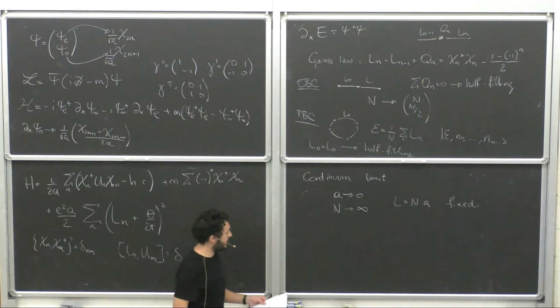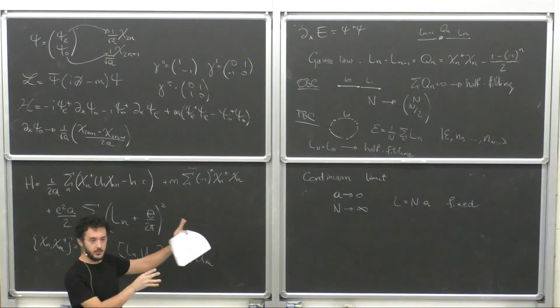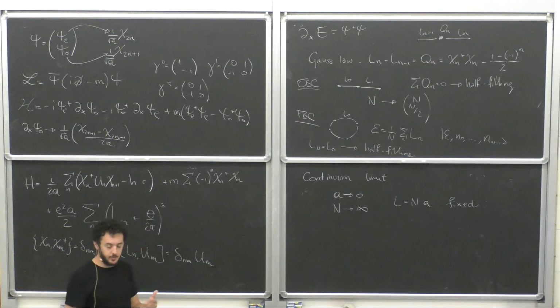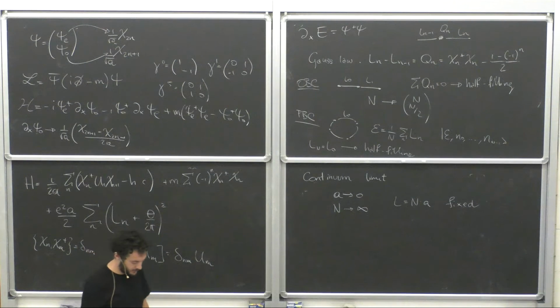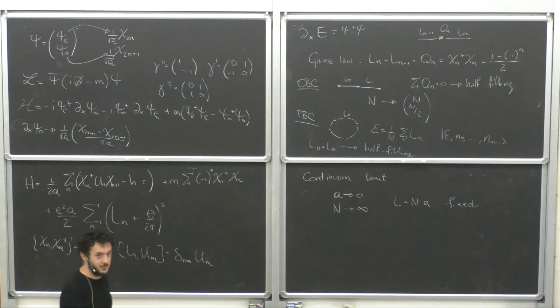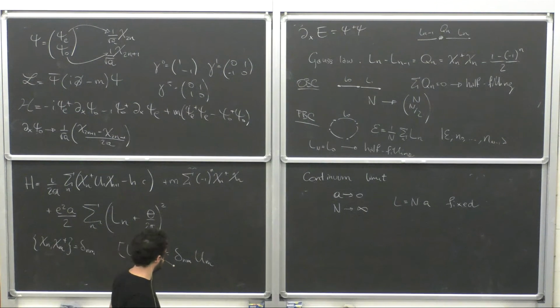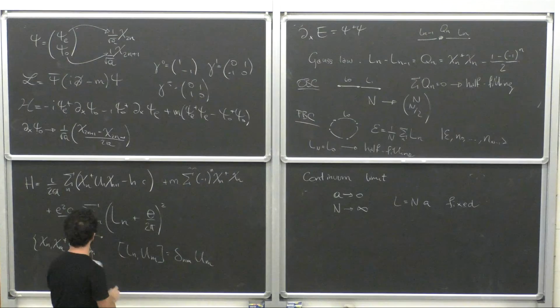Okay. This is what I want to do. Now I have all the recipes to go and put this on a computer and get some numerics. But first I would like to discuss chiral symmetry on the lattice.